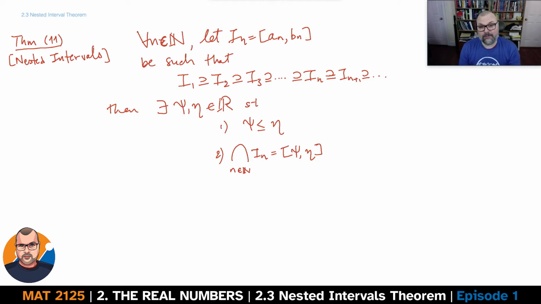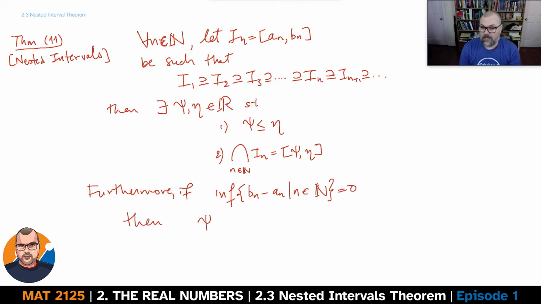And if, furthermore, the infimum of b_n minus a_n, that is, the infimum of the lengths of the original intervals, is 0, then ψ is actually equal to η, and the intersection here is simply going to be a point set.